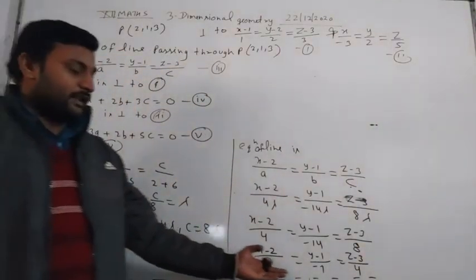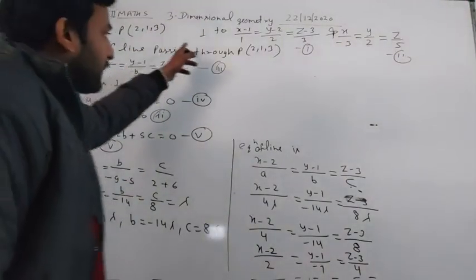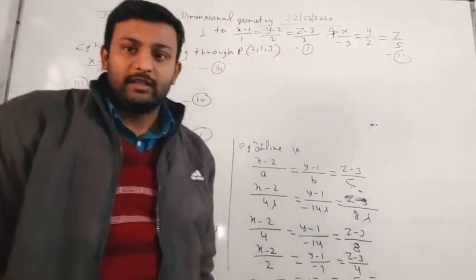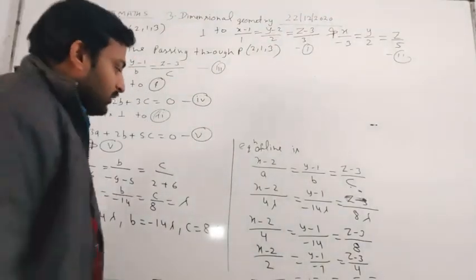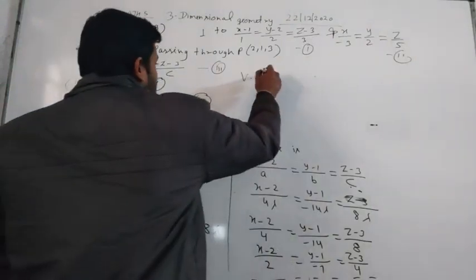So this is the Cartesian equation of the line which is passing through this point and perpendicular to line first and line second. Okay. Now student, we will write its vector equation.